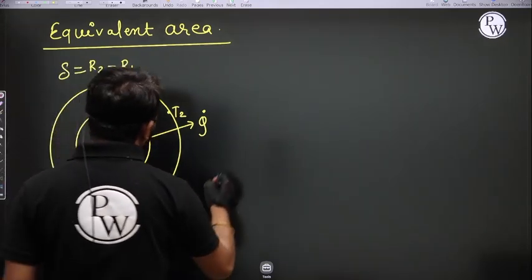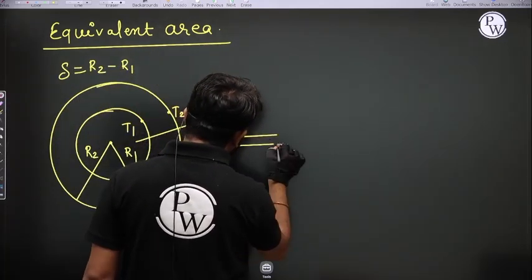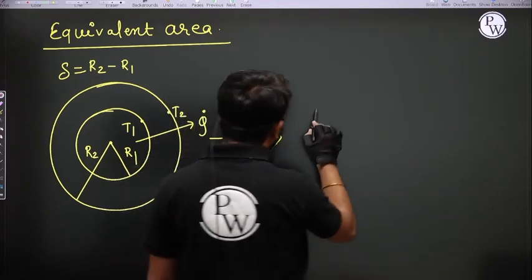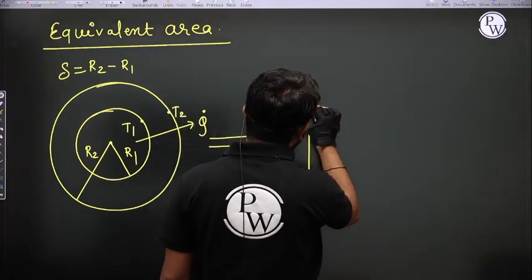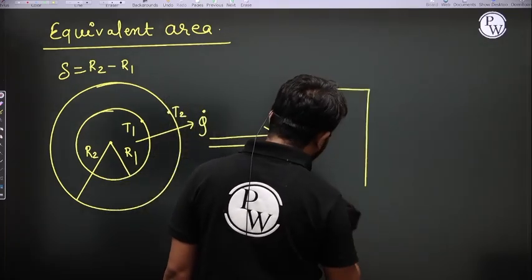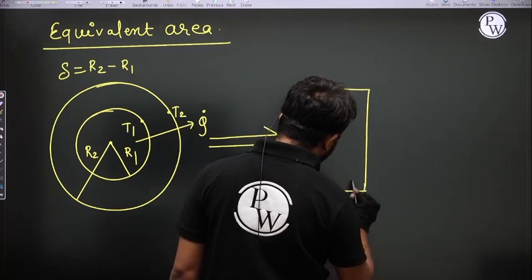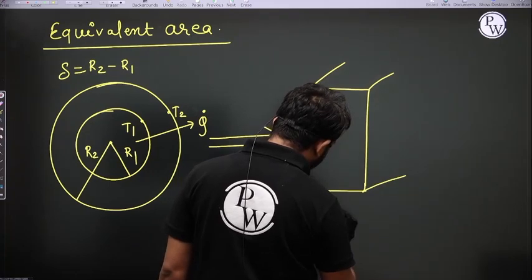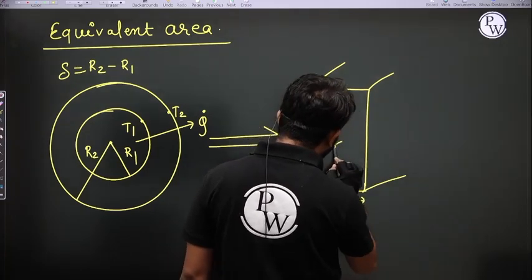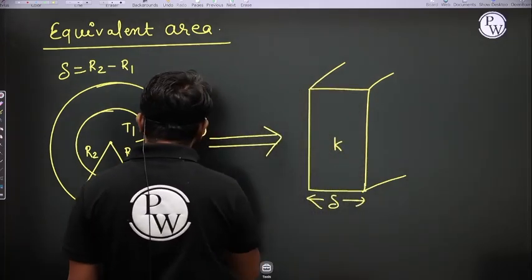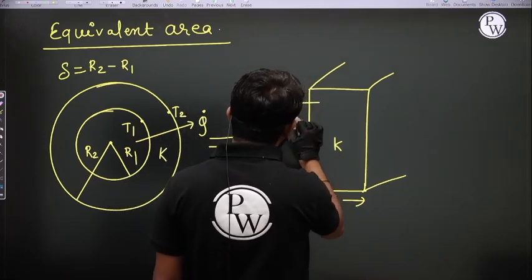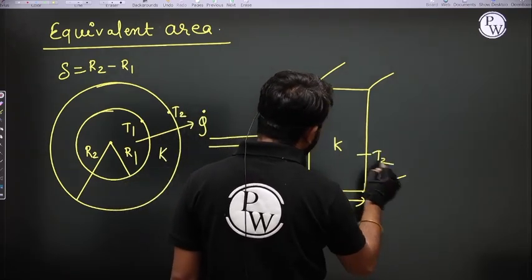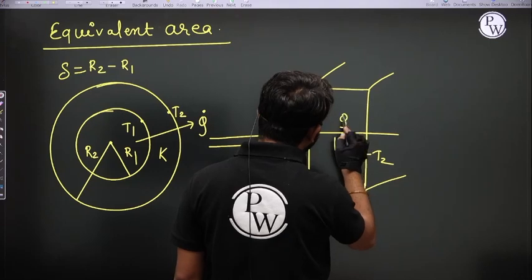I replace this hollow sphere with a plane wall having the same thickness delta, the same material so the thermal conductivity is also the same, the same temperatures across the surfaces, and the same rate of conduction heat transfer.